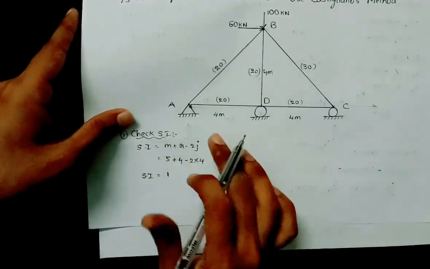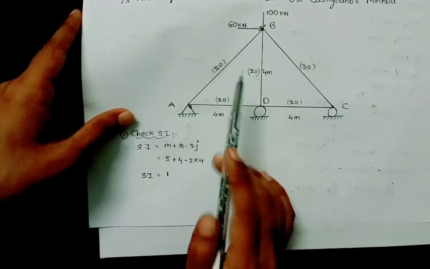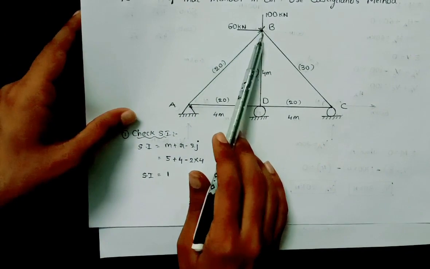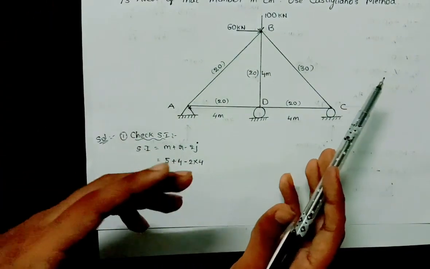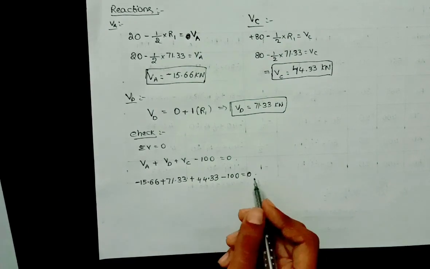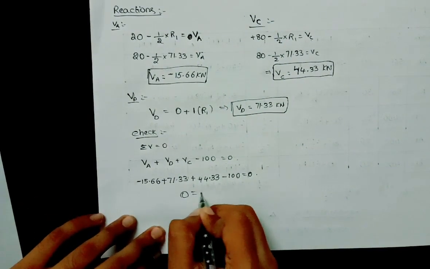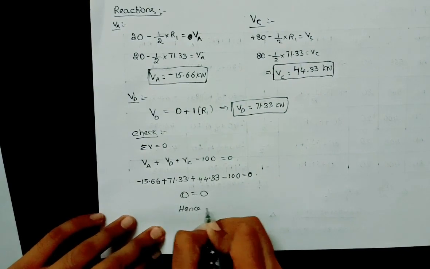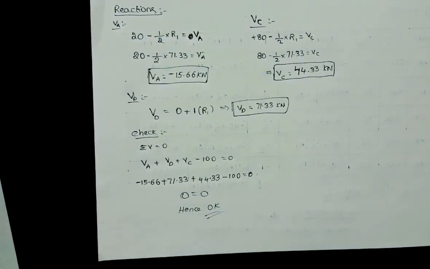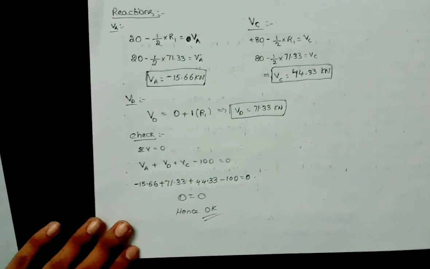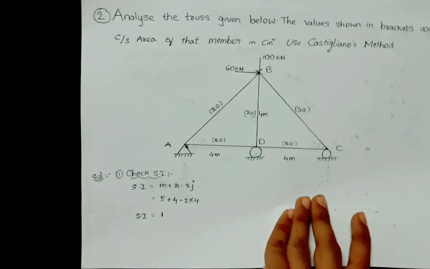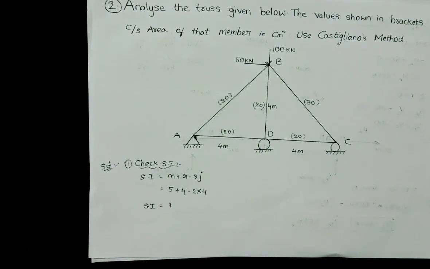At the reactions there will be upward vertical reactions and the 100 kilonewton is downward, so the sum of all upward forces equals the sum of all downward forces. So this should finally be equal to 0. This value is coming as 0 equal to 0. Hence the analysis is okay. This is the process of analyzing the indeterminate truss for external indeterminacy.